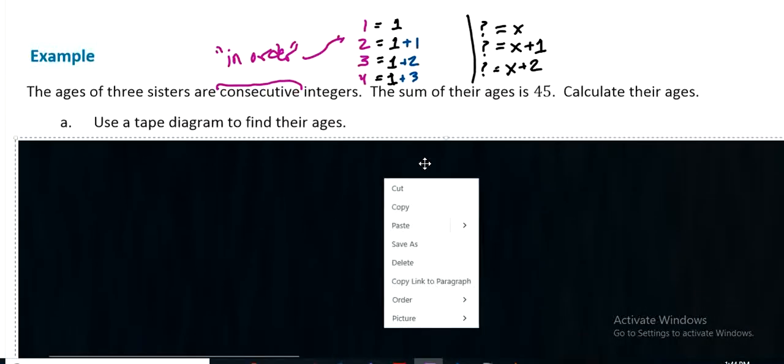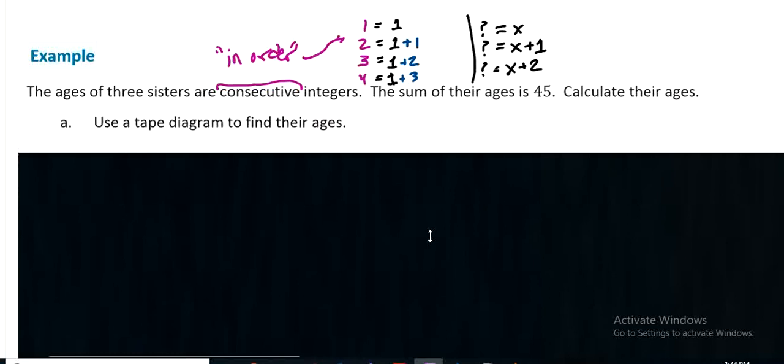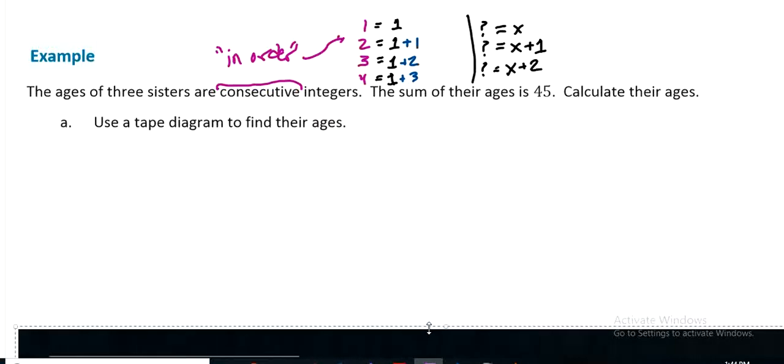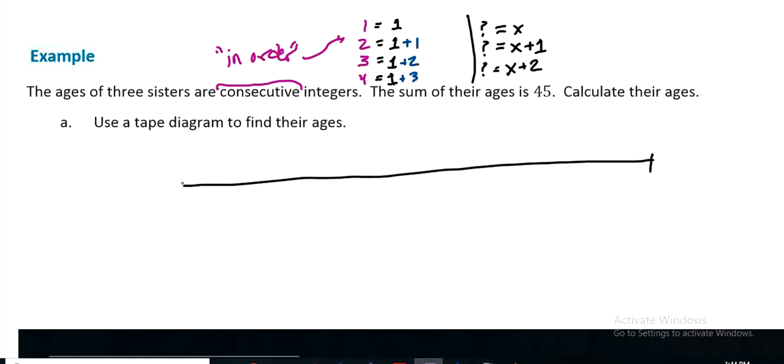So it says use a tape diagram to find their ages. Well, let's set up a tape diagram, and the first line I will draw is going to be the sum. So the sum of their ages is 45.